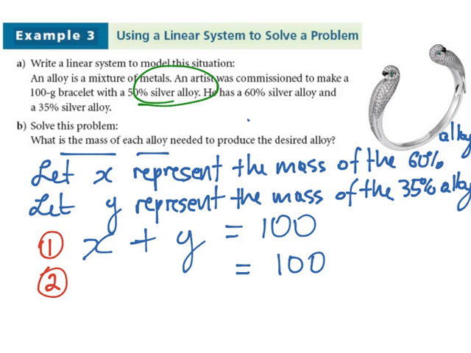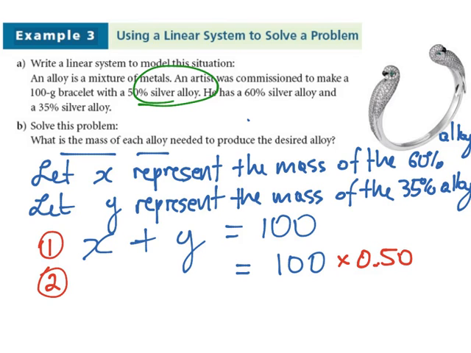So our second equation will illustrate the amount of pure silver. Since we know there's 100 grams and 50% of it is pure, we can multiply 100 by 0.50, because it's 50%.